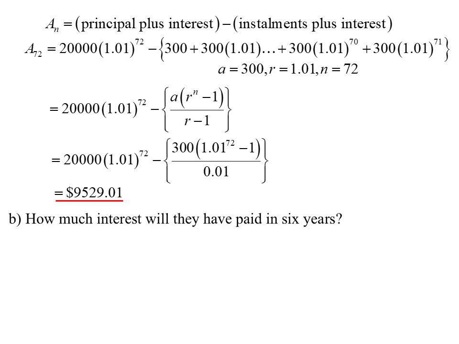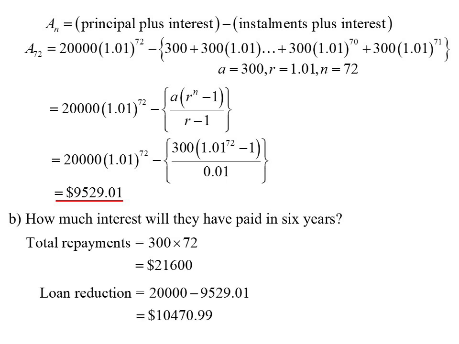So how much interest have they paid in those 6 years? They've made a total number of 72 repayments of $300. So they've given the bank $21,600. They've reduced the loan by $20,000 minus $9,529, because whilst the total repayments are $21,600, there's still $9,529.01 owing.